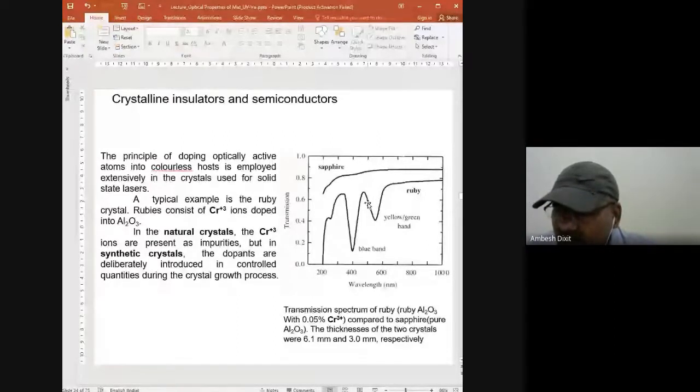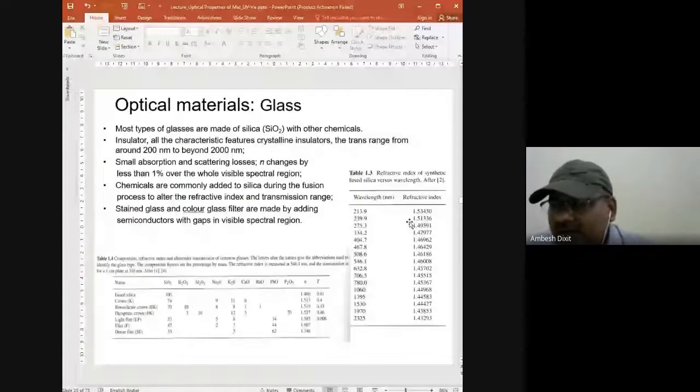These are like charge transfer regions, like the process B that I used, and depending upon the doping and transition regions, they can give you a yellow-green region, a blue band region, or even a red band region. In this case, absorption starts in the optical region, whereas in pure sapphire there is no optical absorption. Similarly, you can design other optical materials by manipulating the refractive index and other constants as well.